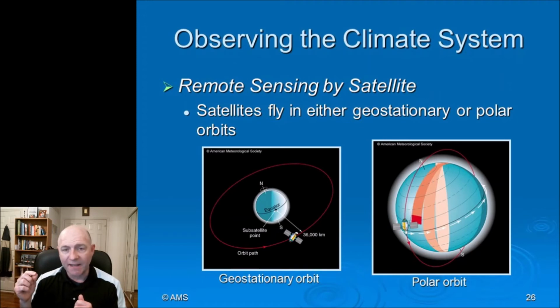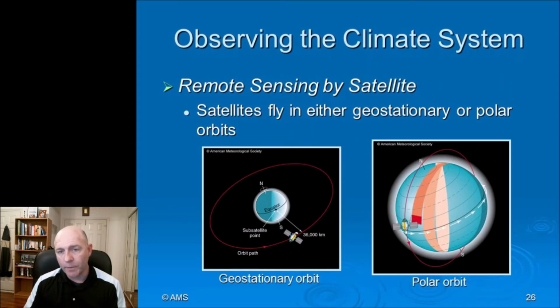Because the satellite is going around the Earth at the same rate that the Earth is rotating, it's over the same place all the time, so we can have constant coverage of a particular point on the Earth. That's how weather satellites, for the most part, work. When you look at weather satellite imagery, you're normally seeing stuff from a geosynchronous satellite.